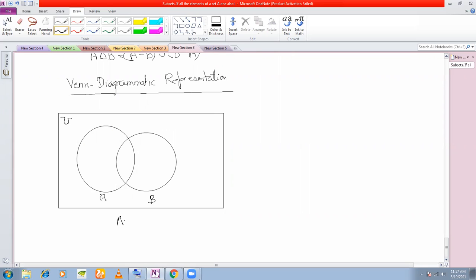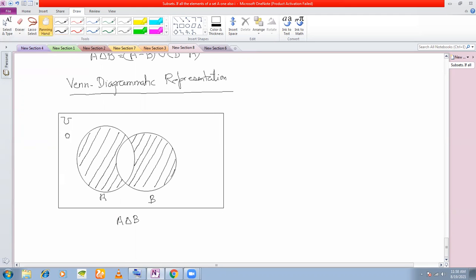A delta B will be the elements of A excluding the elements in the common part, and all the elements of B also excluding the elements that are common to A and B. Okay, this will be your A delta B.